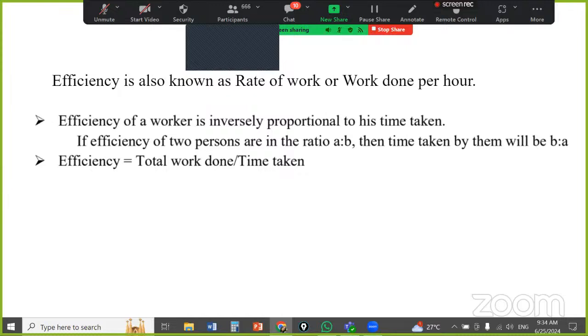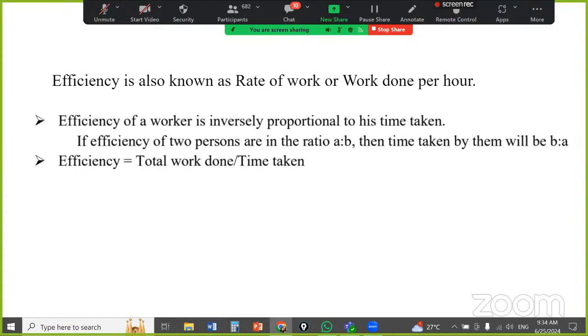So this is how efficiency is defined, and this efficiency is inversely proportional to the time taken. Power is equal to work by time. Okay, that's efficiency. Power is nothing but your work by time, but in this case, we are not going to take it as power. We are going to take it as efficiency. That's the work done.